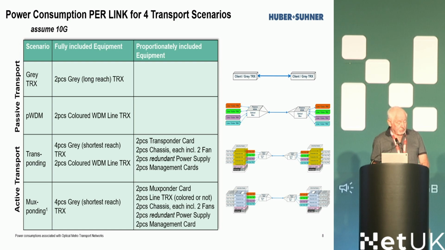Then we've got the passive WDM, the second row down, with some colored transceivers. Then the transponding one, where you can see the increase in hardware requirements, and the muxponding, where you're seeing a huge amount of hardware required.